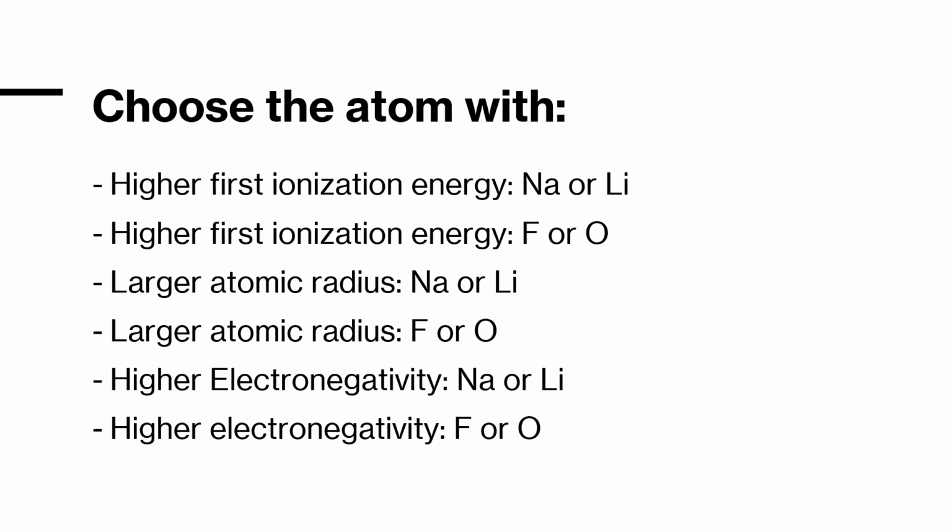Choose the atom. So all we're doing is just choosing the atom with the higher first ionization energy, larger atomic radius, and higher electronegativity. So we're just going to choose, but I may explain just so we are aware of what's going on.